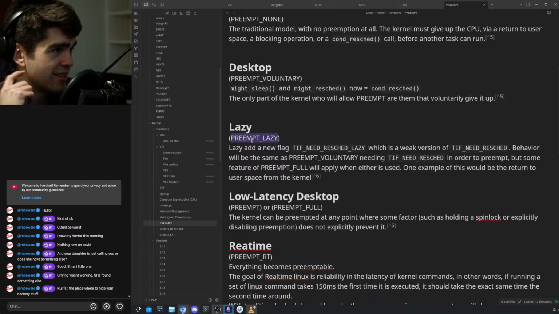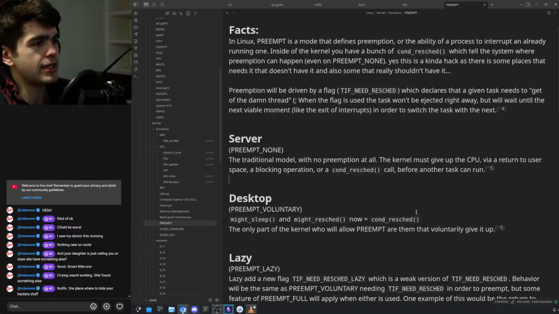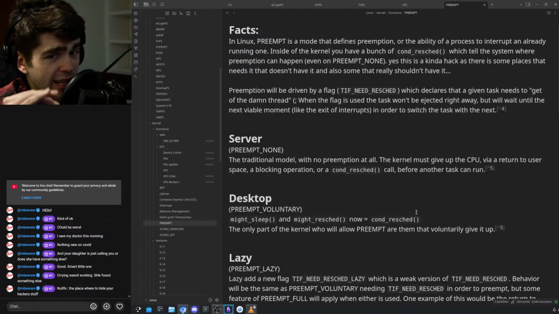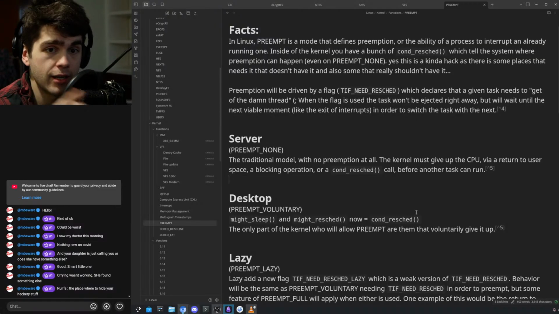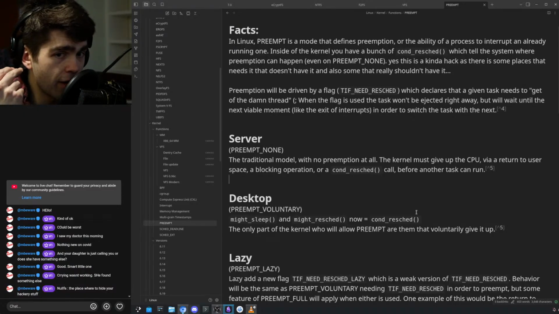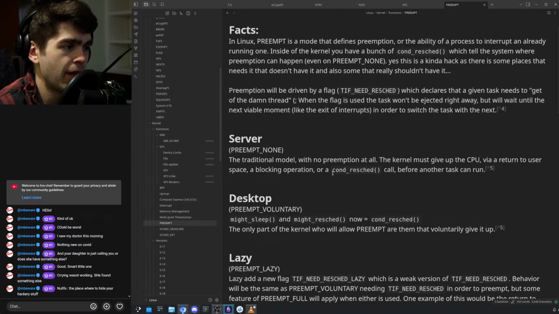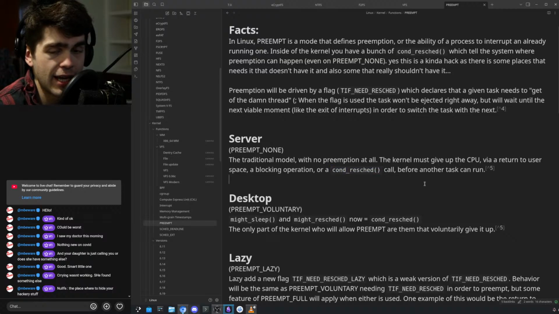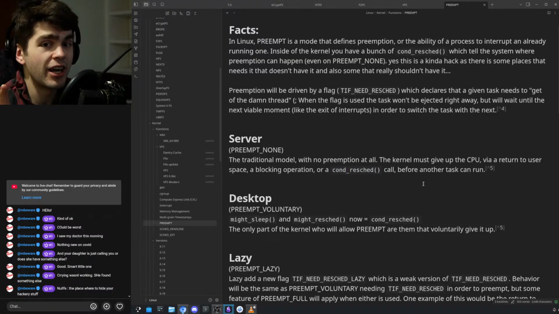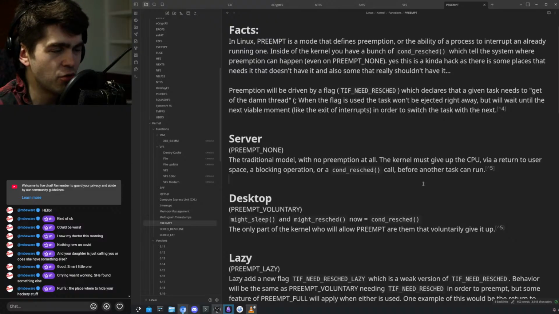The idea is that these two are broken because they require devs that shouldn't give a shit about where things are preemptable to care about where things are preemptable. For example, if I'm the dev for a file system, I now need to give a shit about where to put these cond_resched calls, or I'm going to have another dev tell me, you need to put these cond_resched into the code if we want things to be optimal.